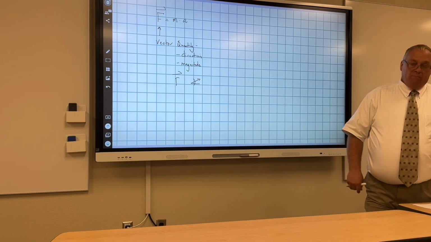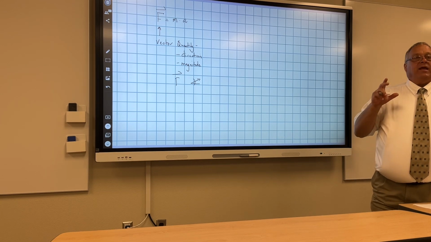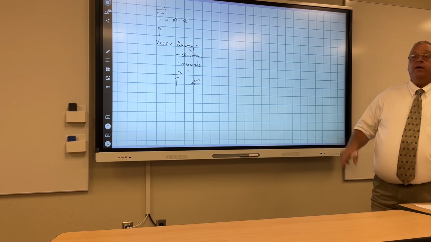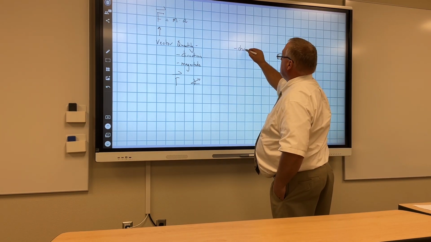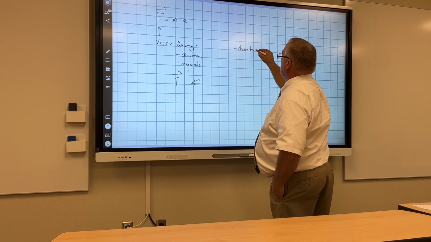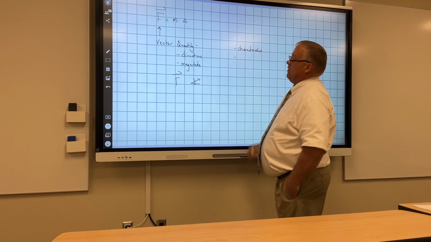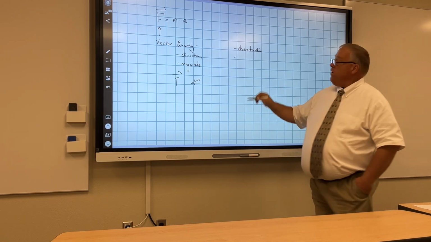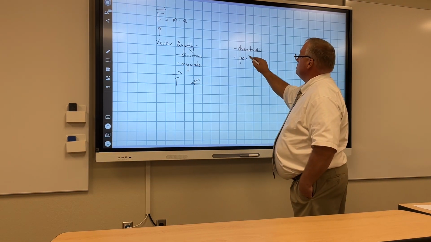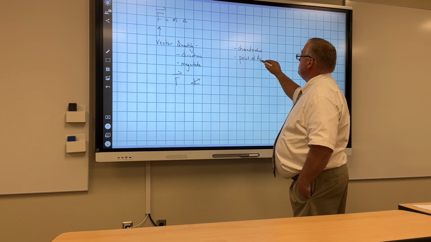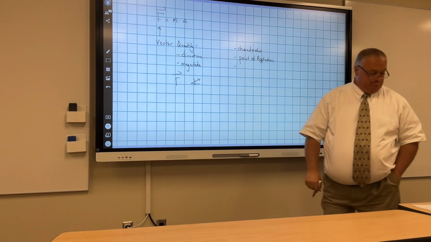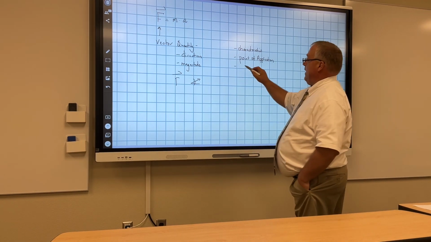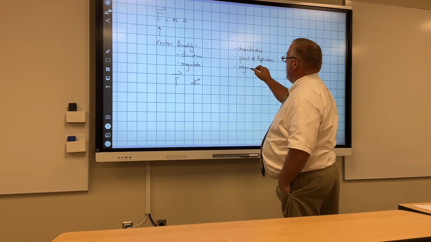Now, force on a particle is a vector quantity, so we have to describe it in terms of its characteristics: its point of application, and of course, its magnitude and its direction.